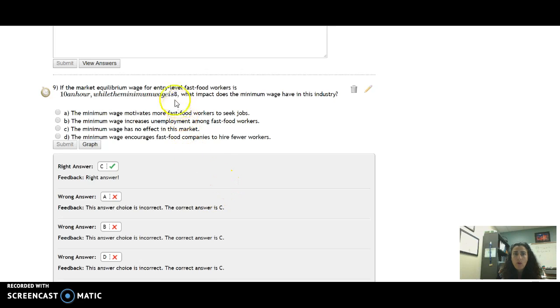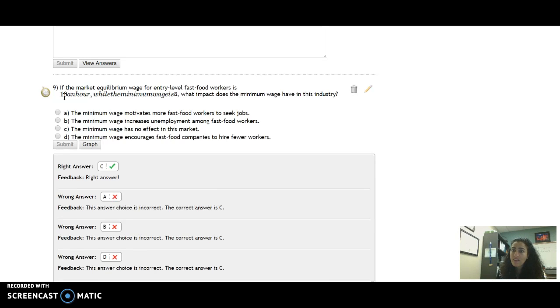If the market equilibrium wage for entry-level fast food workers is $10, while the minimum wage is $8, what impact will it have in this industry? If the legislator tells you that you need to pay at least $8, that's the meaning of minimum wage. The minimum is $8, and you are already paying $10, so the law didn't change anything for you.